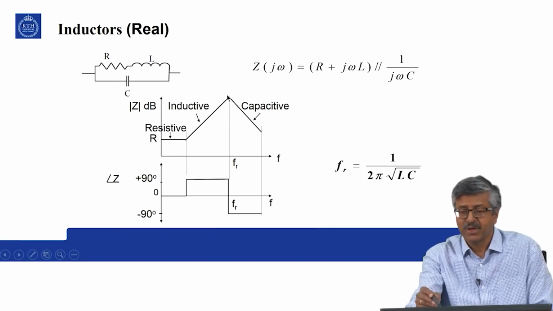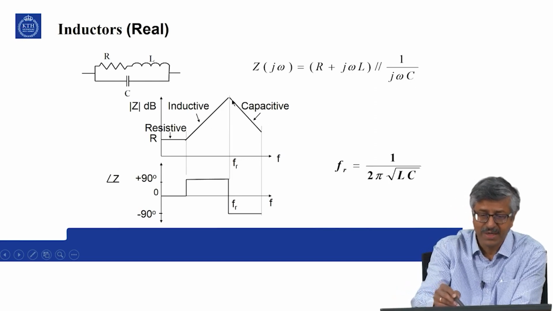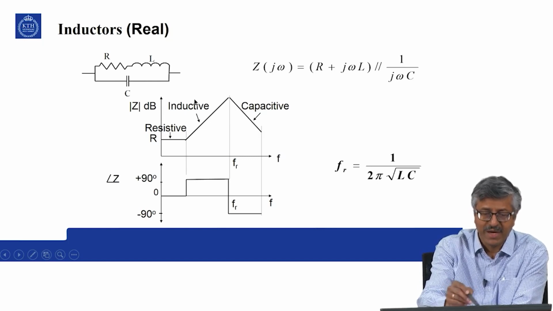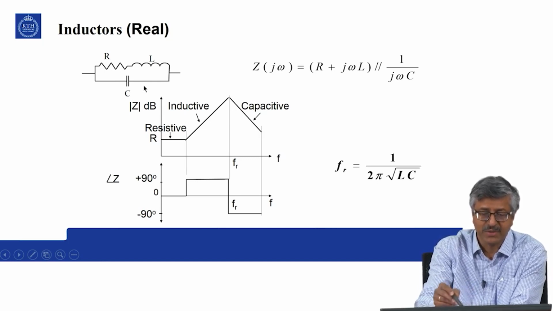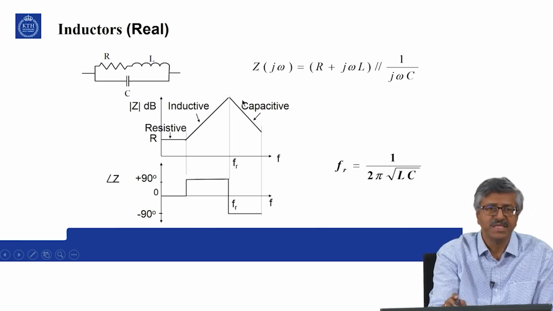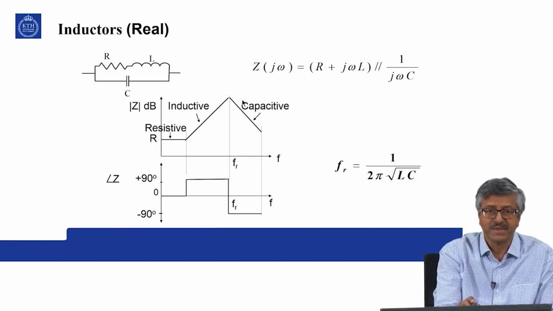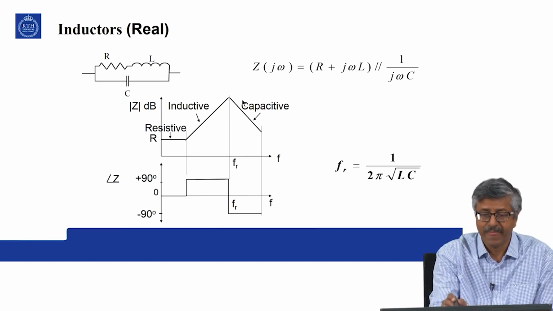Then at one particular point j omega L and 1 by j omega C become equal. So, that is the resonant frequency. So, now the impedance is high at this parallel resonance, whereas in series resonance it is low impedance at the resonance frequency.